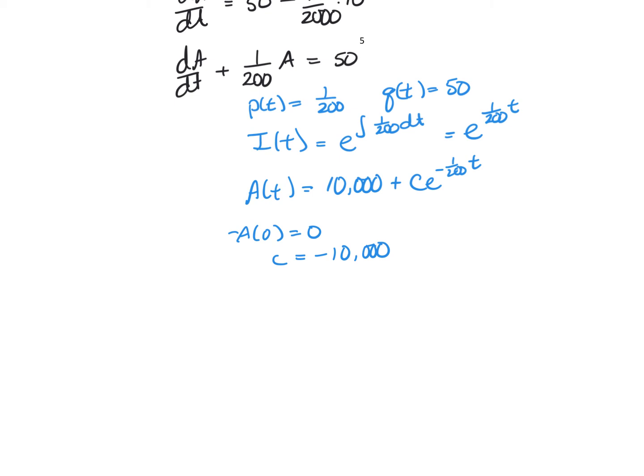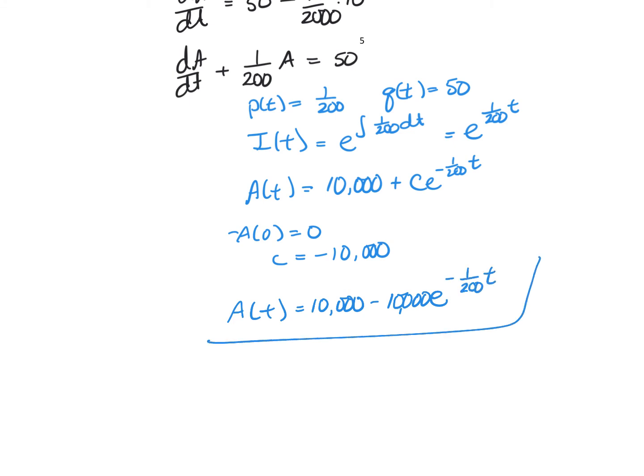And so my final answer is A(t) is equal to 10,000 minus 10,000 e raised to the negative 1/200 t. And that is my final answer, given that initial condition. And that's it for this video.